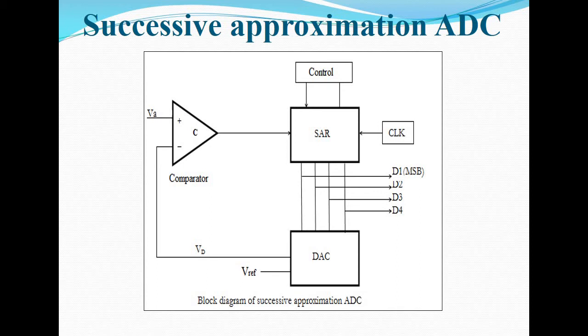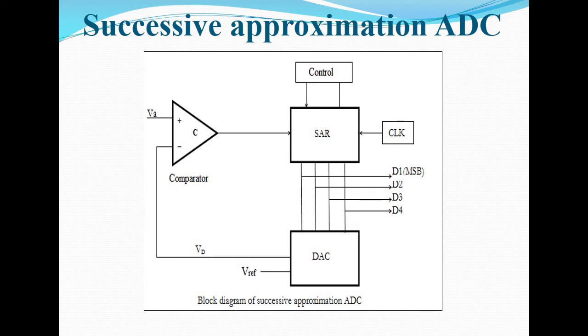This signal is termed as VD. Since it is a comparator, we should supply another value to the positive terminal of the op-amp. So we are providing the input voltage, known as VA, to the comparator.